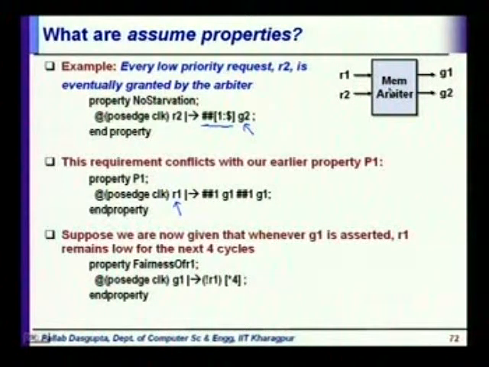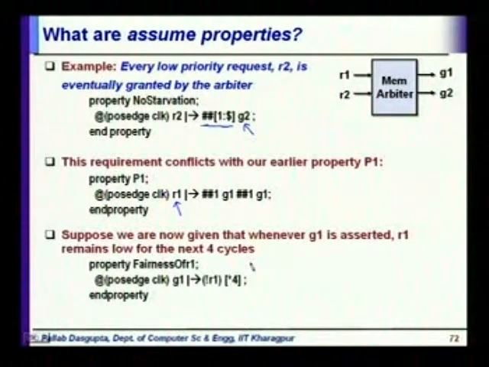So this assumption is coming from the rest of the world. It is coming from all those devices which request the memory arbiter. So that is the assumption. We are given that whenever G1 is asserted, R1 remains low for the next 4 cycles. This is given to us.